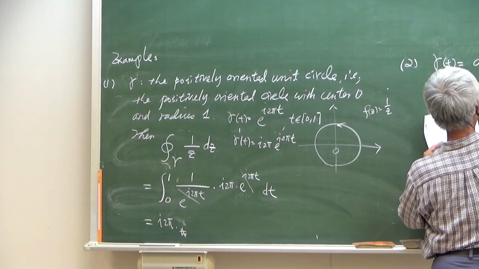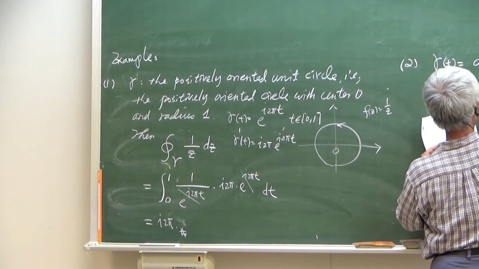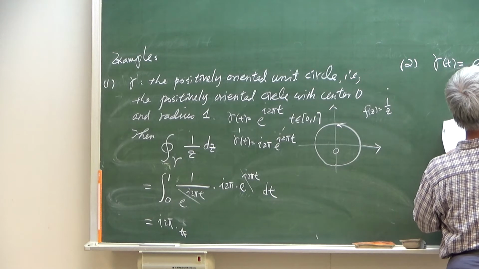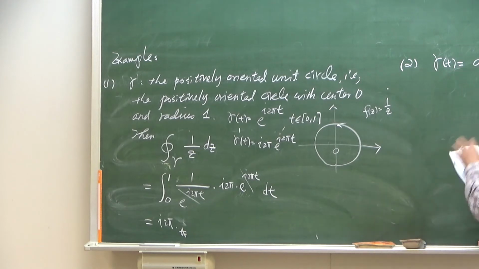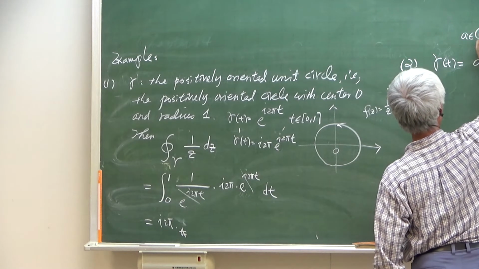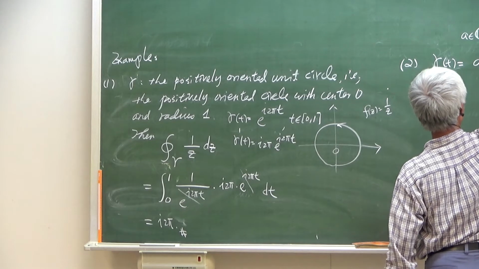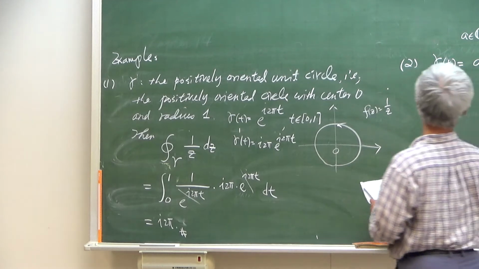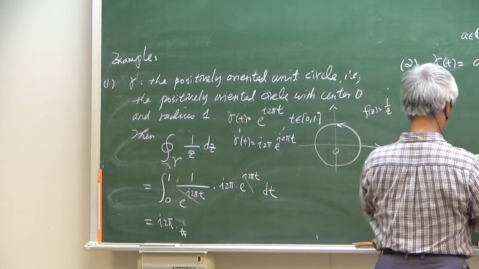So we have gamma(t) = a + rho e^(i 2 pi t), t is 0 to 1. Okay? So a is a complex number, and rho is greater than 0, right? So this is the positively oriented circle with center a and radius rho.